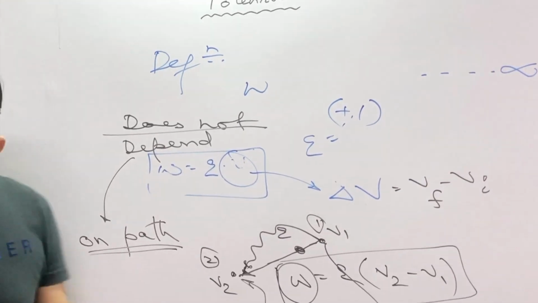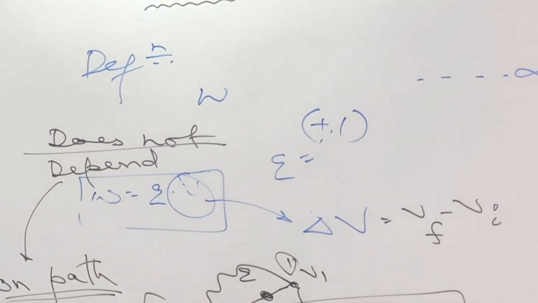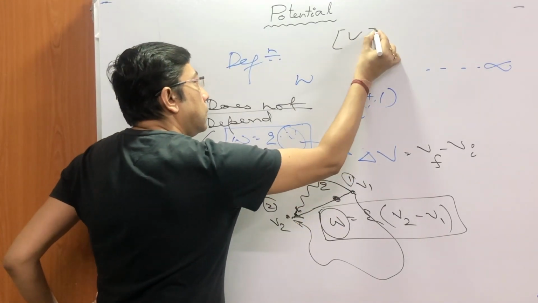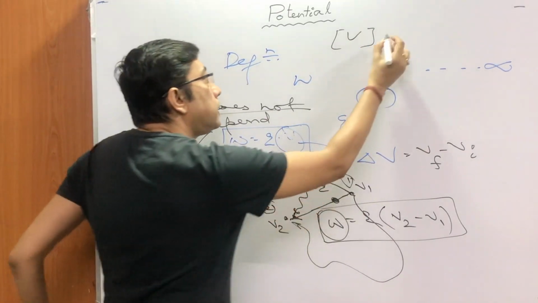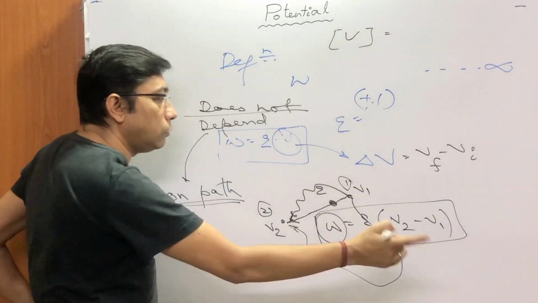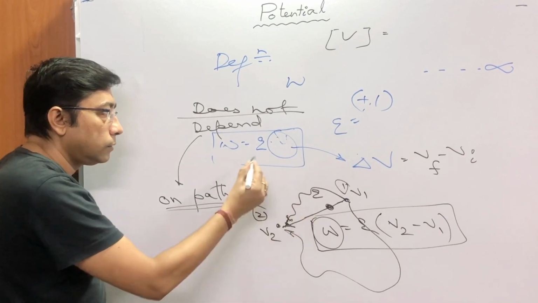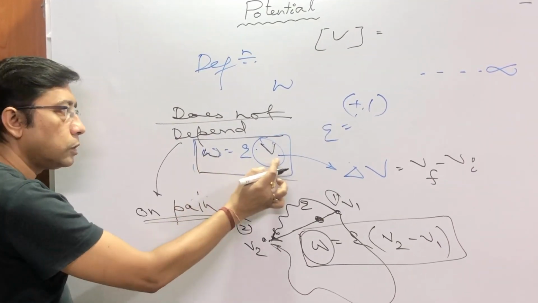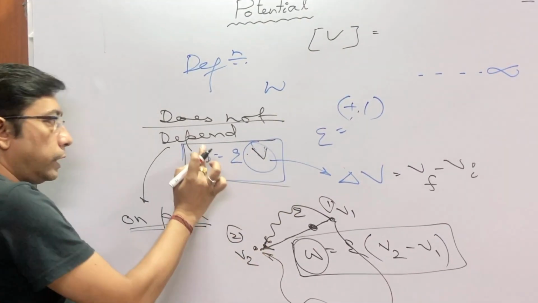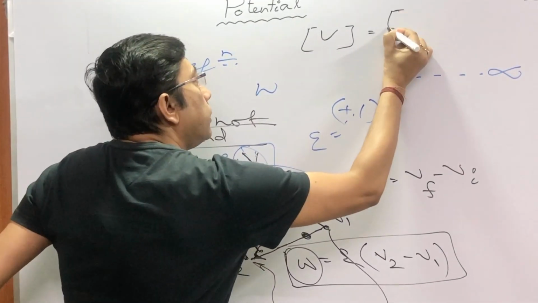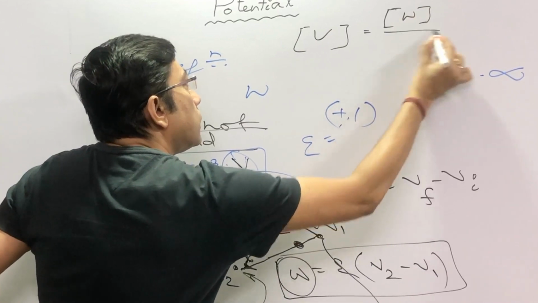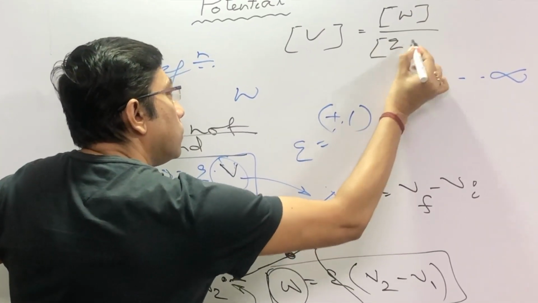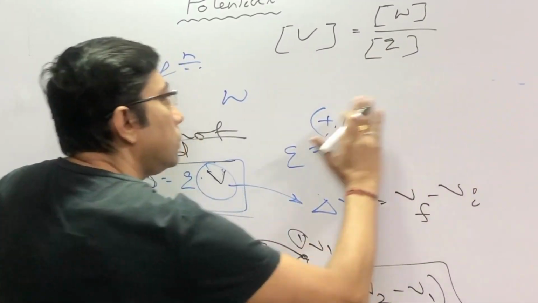Third important idea about the definition is that potential should have a dimension, and its dimension would be given by, use this formula, W equals QV. So V would be given by W by Q. So its dimension would be dimension of work done by dimension of Q. I think you know this.